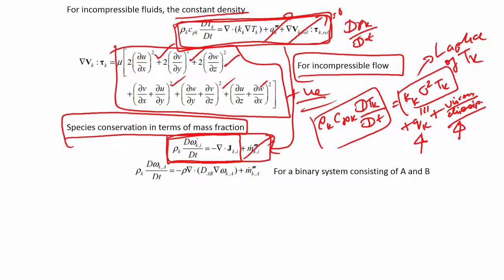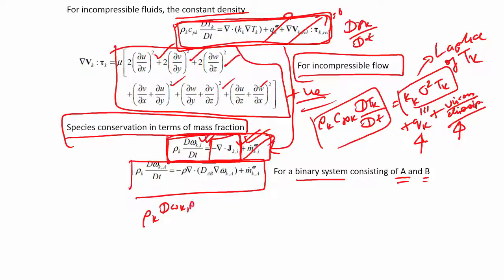So, there is still the material derivative of the mass fraction, there it is temperature, here it is mass fraction, another scalar, and this is basically nothing but the corresponding diffusive flux, okay, which looks very similar if you consider the next expression for a binary system. So, if the system composes of A and B, that is two components, one diffuses through the other, you can see that this is like rho k d omega k A. This is, I am writing it for the A component, that is the convective term.